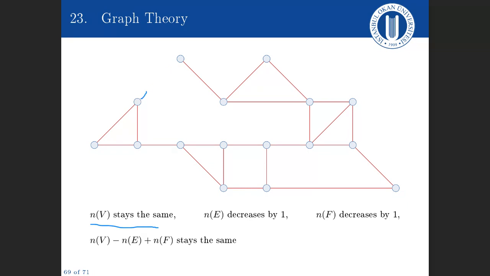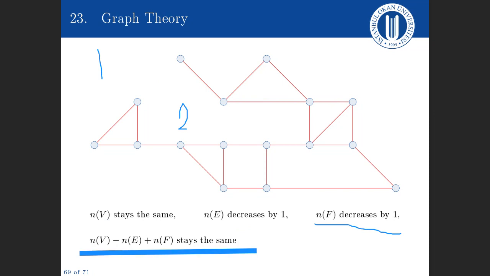I've removed an edge which used to be there, so the number of edges decreases by 1. And we used to have 2 different faces, but now they're joined together. So the number of faces is going to decrease by 1. But that means Euler's formula stays the same. 0 minus -1 plus -1 is 0. If we remove an edge like this, then Euler's formula is not going to change.